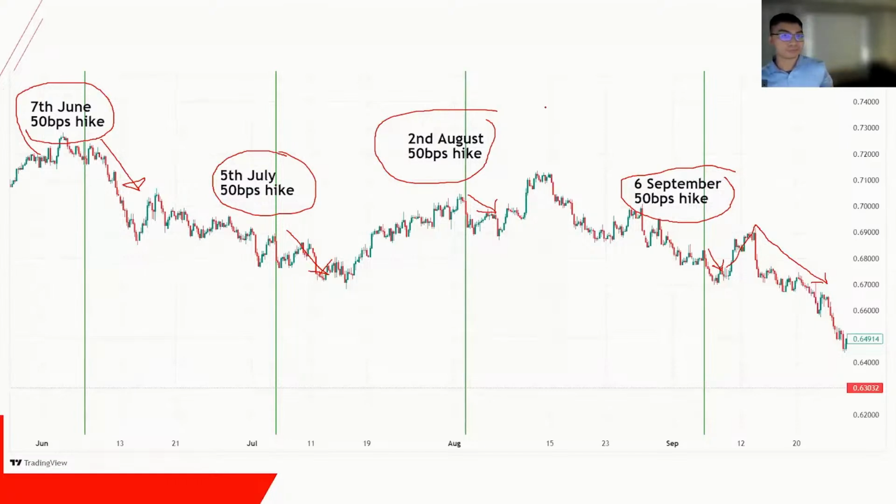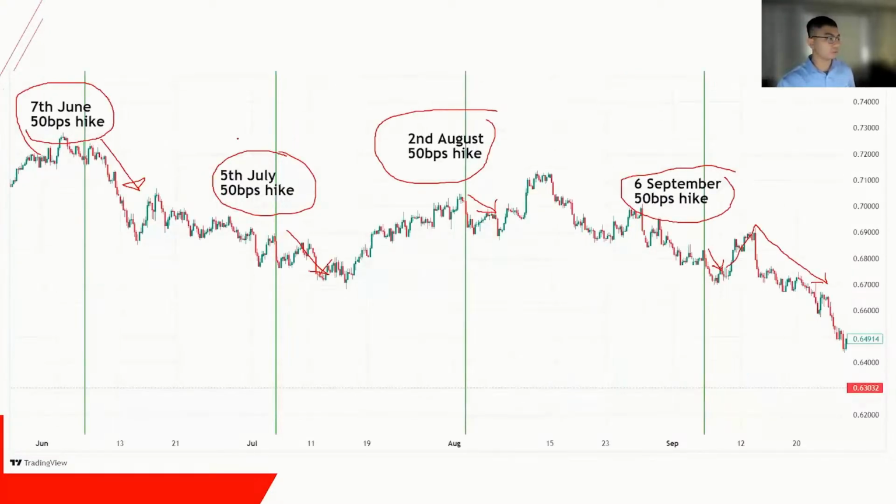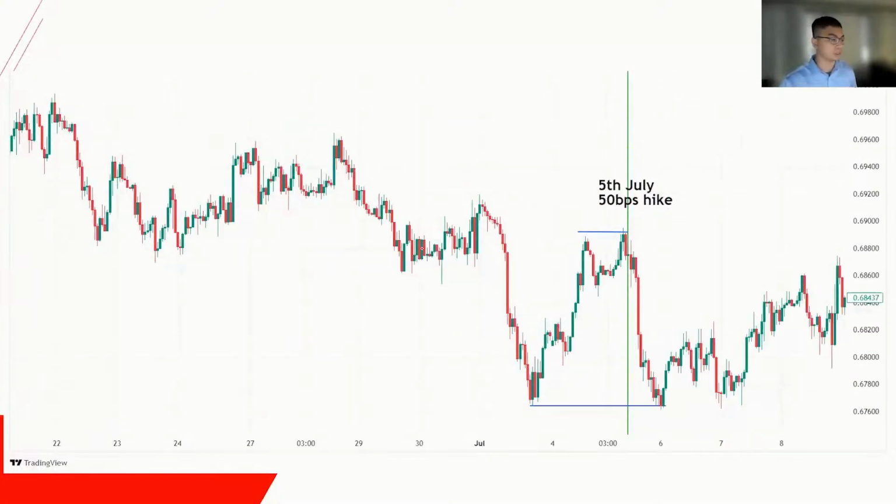Okay, moving on next. I'm just zooming in on the 5th July, on this specific day that actually happened. I cannot remember specifically because I did quite a number of research.